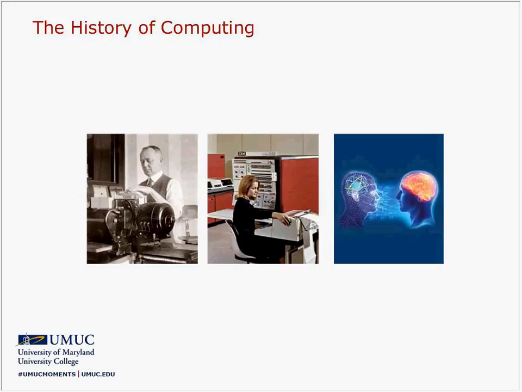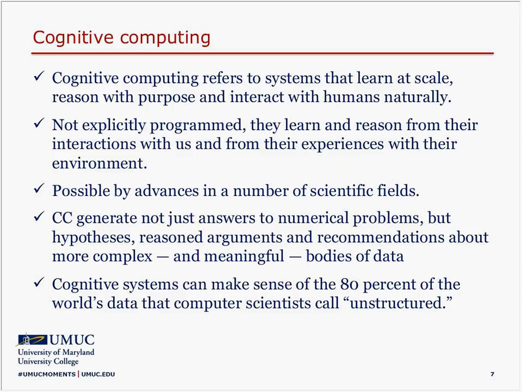But let's say around 4 or 5 years ago, practically, theoretically this started much earlier, we started the era of cognitive computing. What is the difference? When we talk about cognitive computing, we don't think about something which is programmed explicitly beforehand, like the computer we are using in our everyday life today.